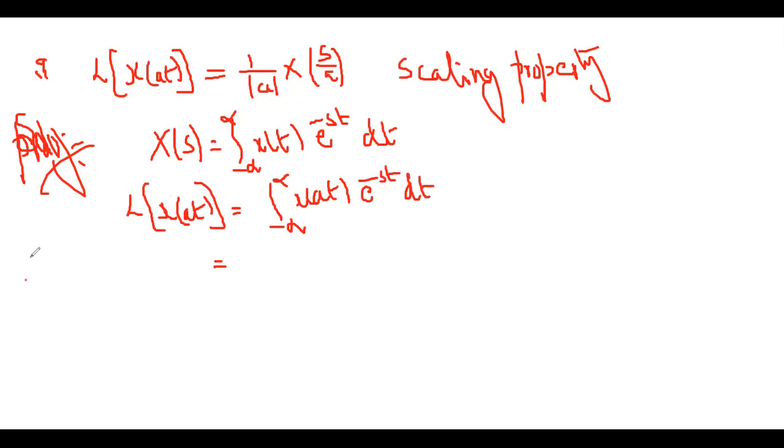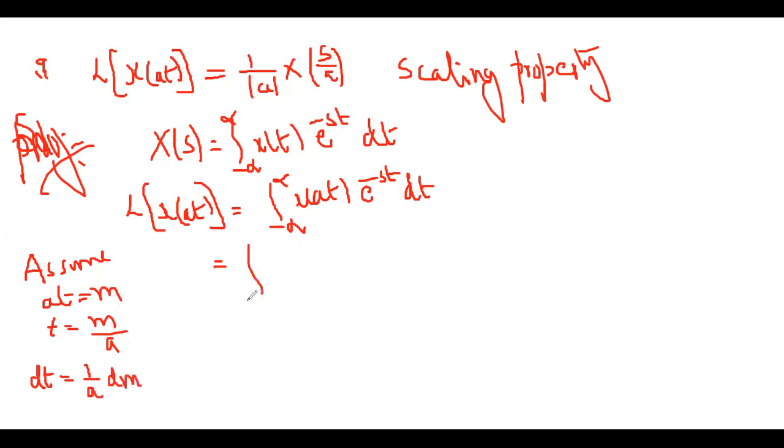Now assume at is equal to some m, so t is equal to m by a, and apply the derivative on both sides. So dt is equal to 1 by a times dm.